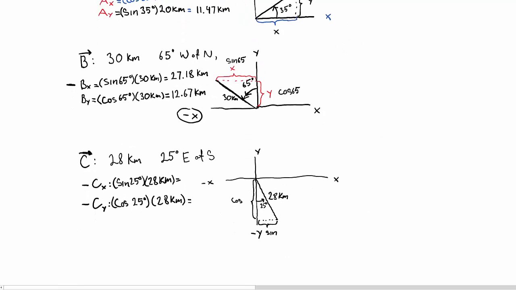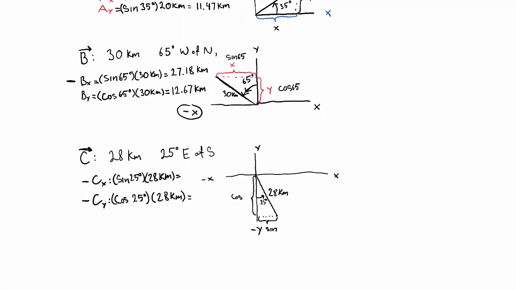Alrighty. Calculate. Sine 25 times 28 kilometers, and then for the y direction, cosine 25 times 28, 25.37 kilometers.